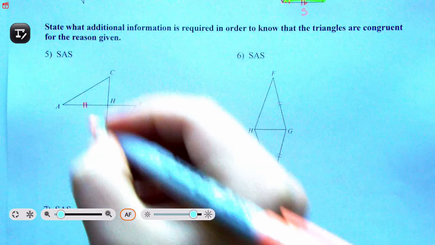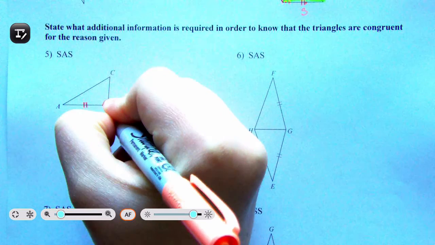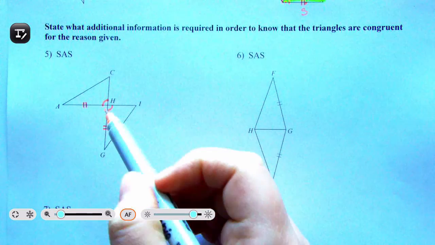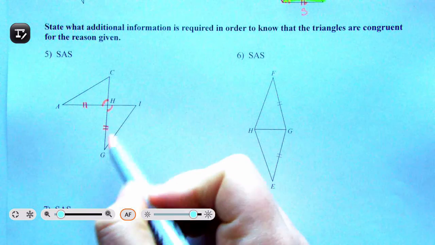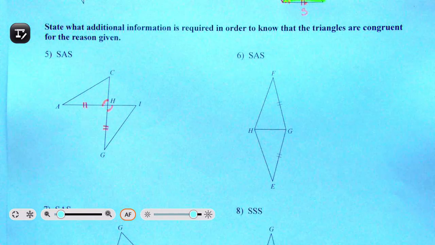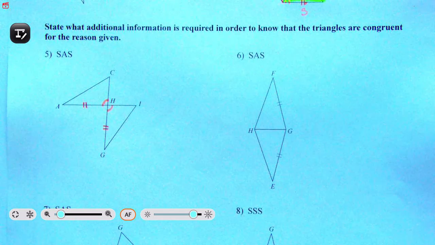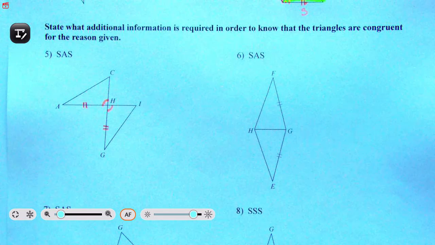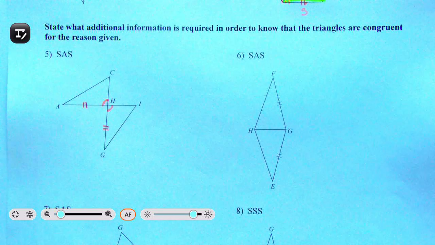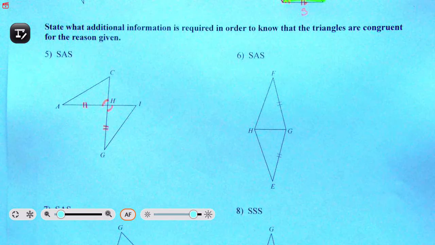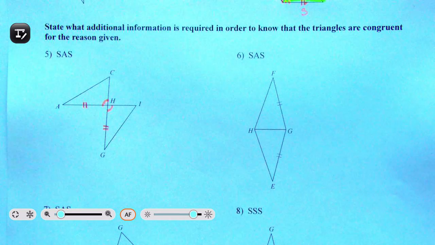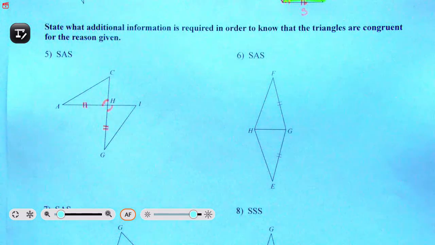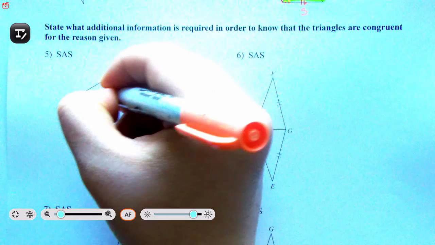First thing I notice is that we have vertical angles, so I'm going to put a tick mark here. So I have a side, an angle, and a side. Then we know that these two are congruent.